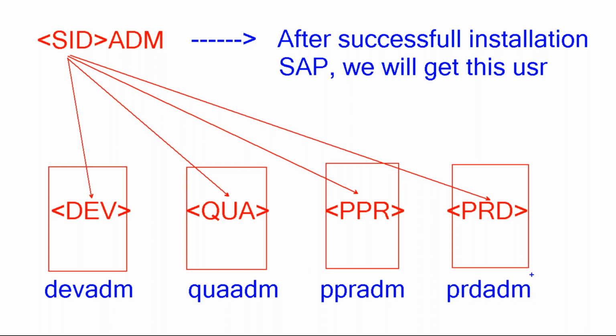So like this, whatever systems we install, we'll get the system IDs. If we install the DEV system, development system only, DEV ADM is automatically created. But here I assigned system ID S4H. S4H I assigned. That is the reason S4H ADM is automatically created.